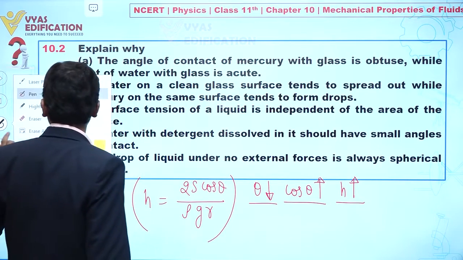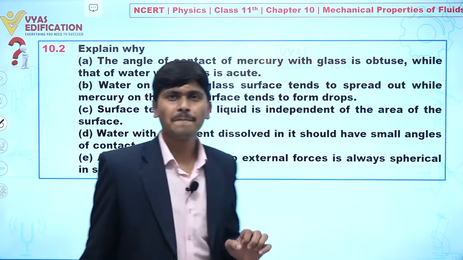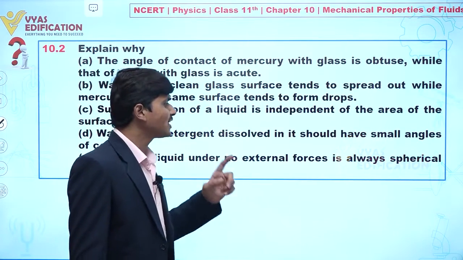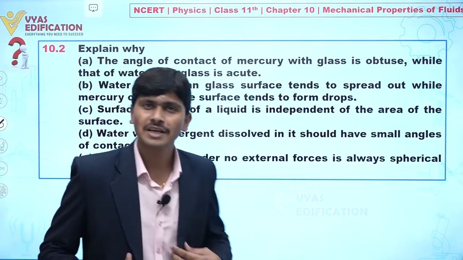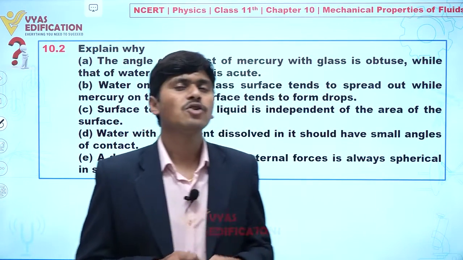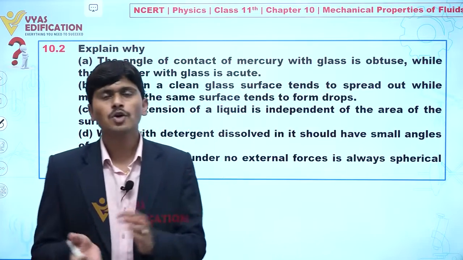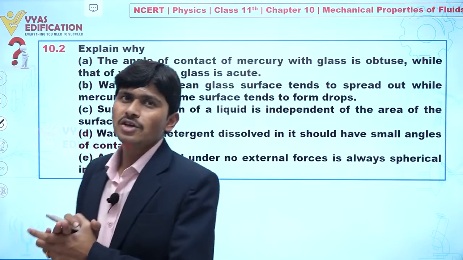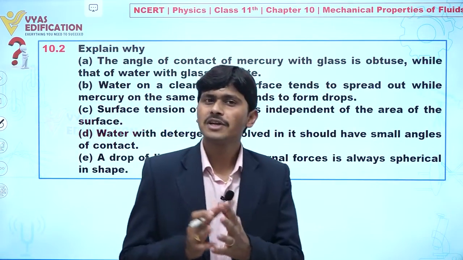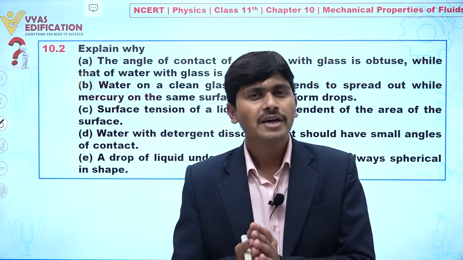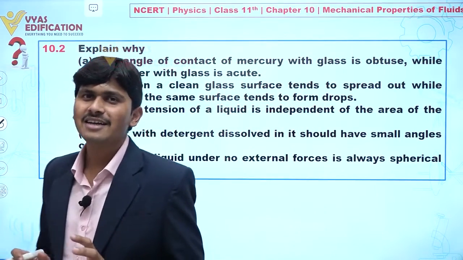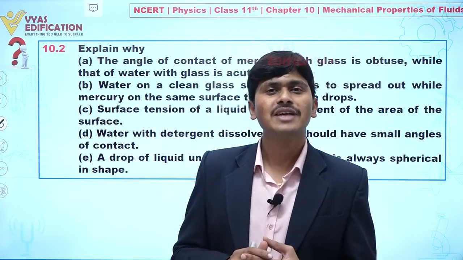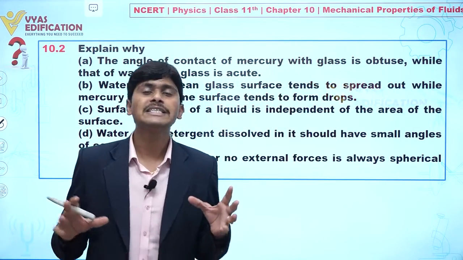Now part E. It is given that a drop of liquid under no external force is always spherical in shape. If we are talking about a liquid drop and we assume no external forces are acting, the shape of the drop is due to surface tension only. And the property of surface tension is that it always tends to minimize its surface area.